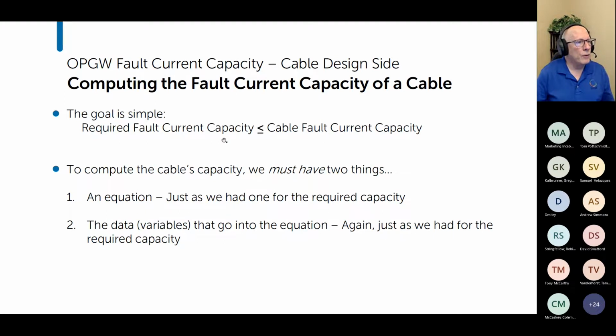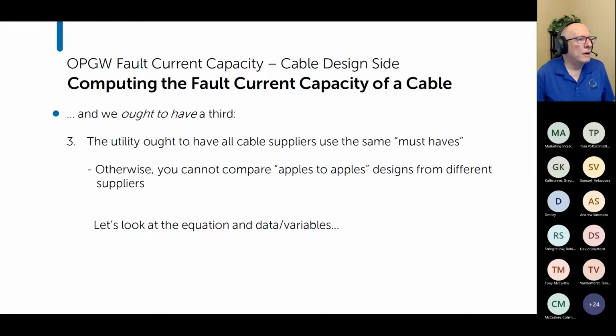We've determined what our required fault current capacity is, and we want a cable fault current capacity that is greater than or equal to what's been required. Easy peasy. So to compute the cable's capacity, we have to have our own equation, just like we had for the required capacity, and the data that go into that equation. So let's look at those.